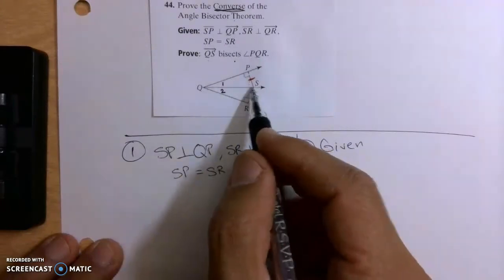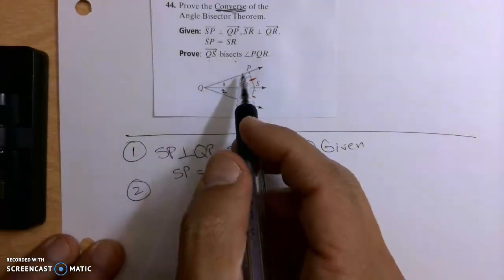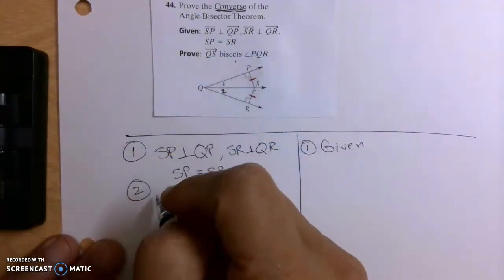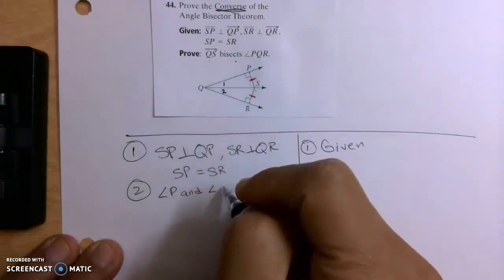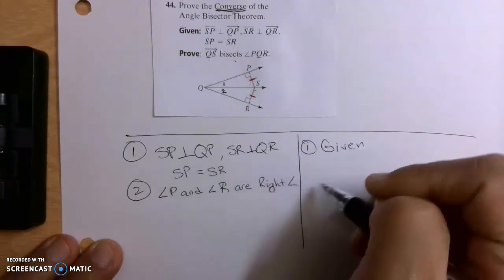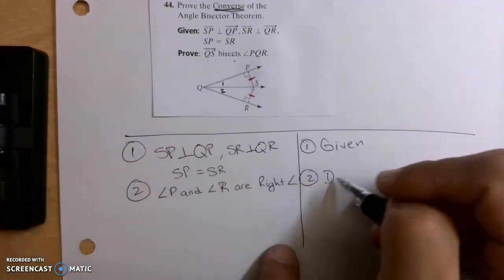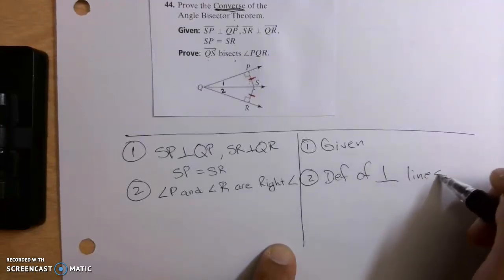What I'm going to do next is use this reflexive property QS, but I also want to mention that this is a right triangle. So I'm going to first mention that we have a right angle, angle P and angle R down here are right angles, because that's the definition of perpendicular lines. If you've got perpendicular lines, you have right angles.